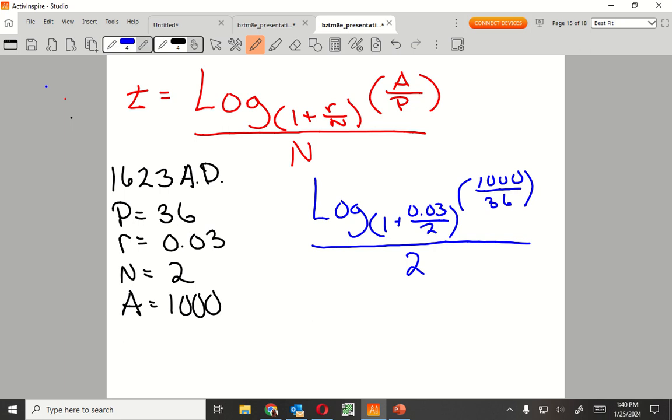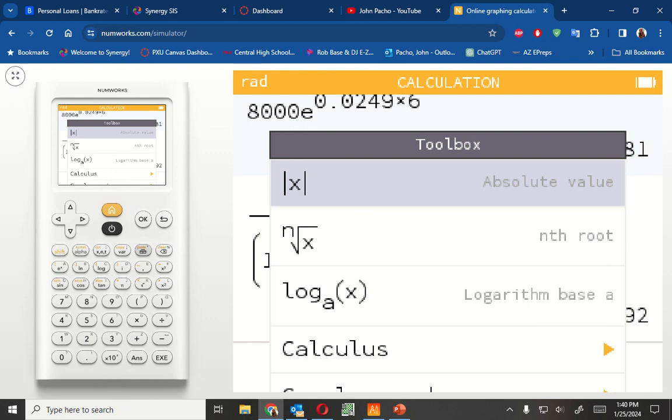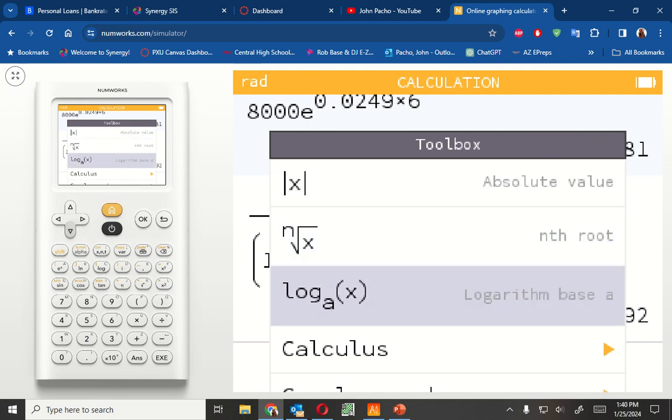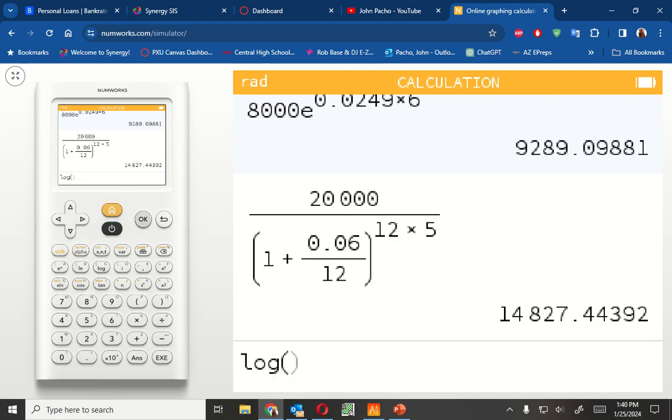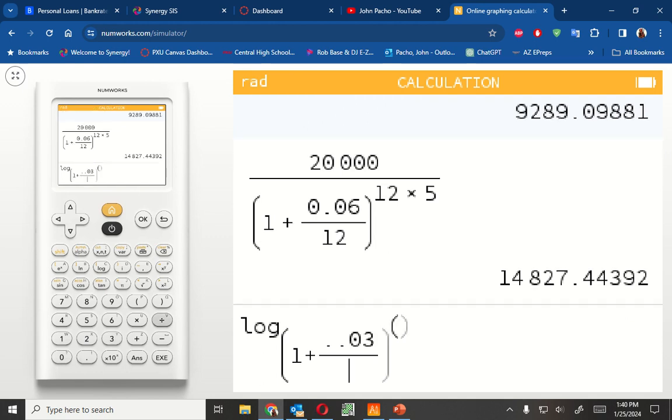All right, ready, Toad? So if you're following along, we're going to use the toolbox. So start at the toolbox, and that's the log base I want to use. I want to use that because my base is not just a normal base. So I need to select that one. And now it's already put it in the base right here. Parentheses. 1 plus, what was my percent, Toad? 3? Yeah. Okay, so it's 0.03 divided by 2.